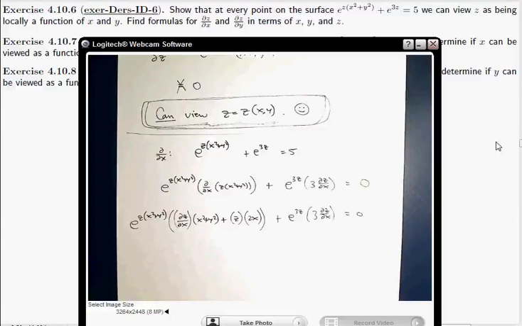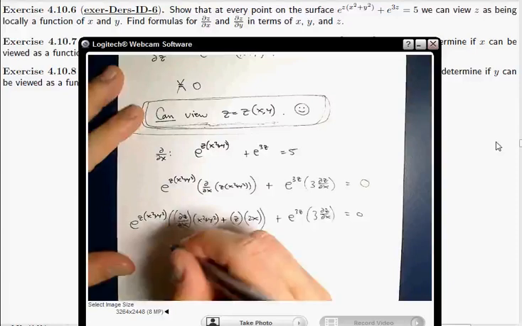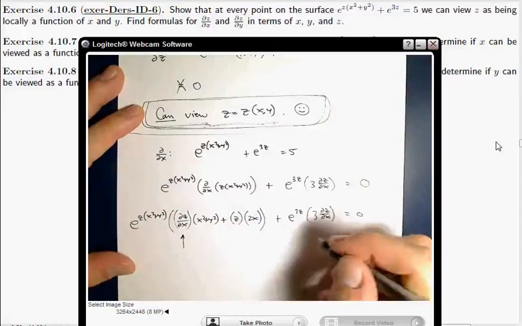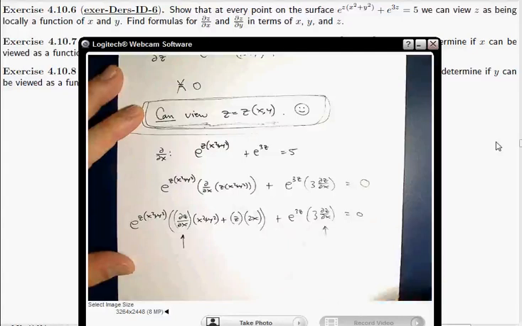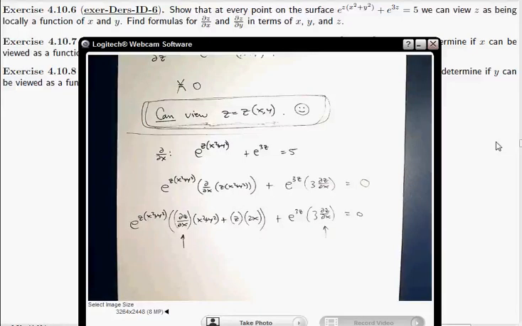Great news, nasty though it is, always, and it will always be, very simple in terms of the things that we care about, the things that we want to solve for. Namely, partial z with respect to x will always be a linear factor. You're never going to have sine of the partial derivative you're looking for, or e to the power of the partial derivative you're looking for. It'll always be just a linear factor. So this is just a matter of collecting terms and moving some to the other side, dividing, etc.